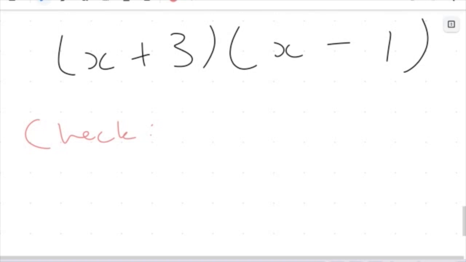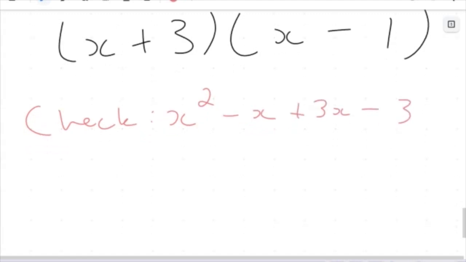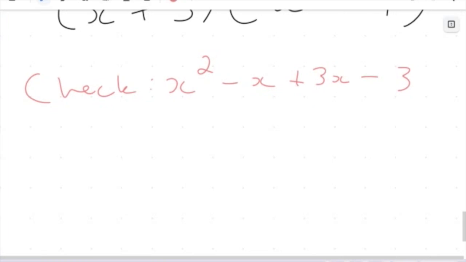But checking this, I get x times x is x squared, x times minus 1 gives me minus x, 3 times x gives me positive 3x, and 3 times minus 1 gives me negative 3, and I end up with x squared plus 2x minus 3.